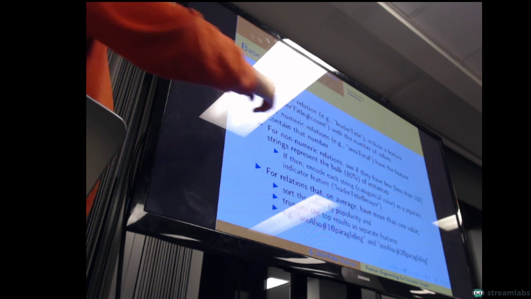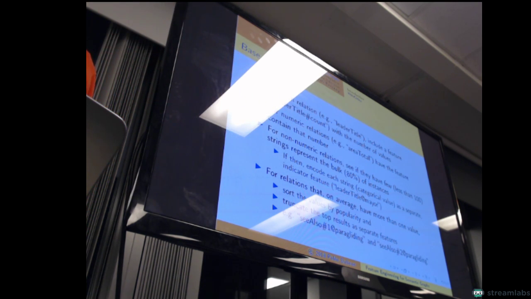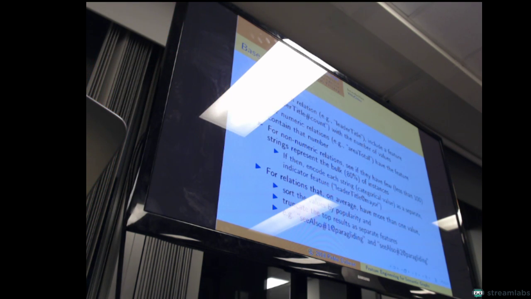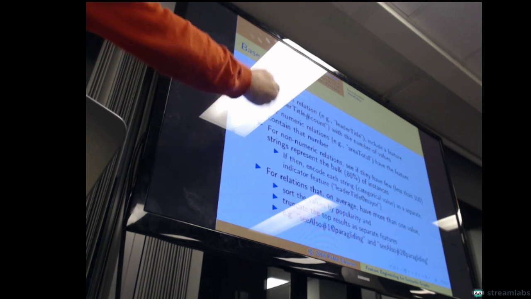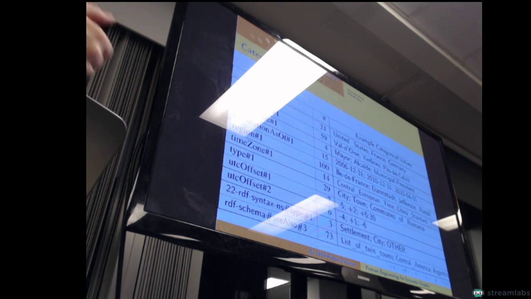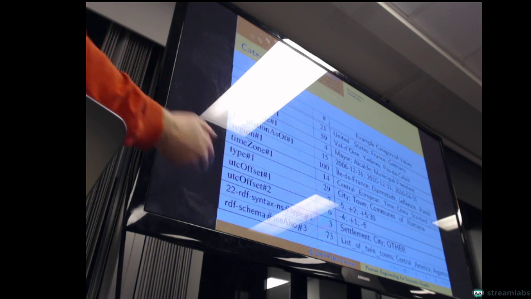For numeric relations, like area total, we can use them directly. And for non-numeric relations, we have to see what to do with them. Without going into natural language processing, a simple thing to do is just to look at whether there is a small number of values that cover most of the cases.